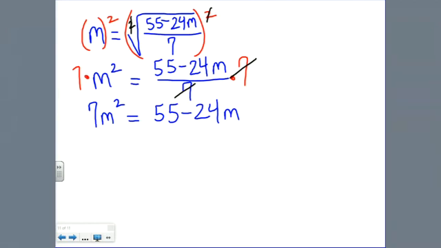Now it looks like a quadratic equation is forming because our highest exponent is 2. In order to solve this quadratic equation, we need all of our terms on one side and 0 on the other. Since our leading coefficient is positive on the left side, let's move our other terms on that same side.